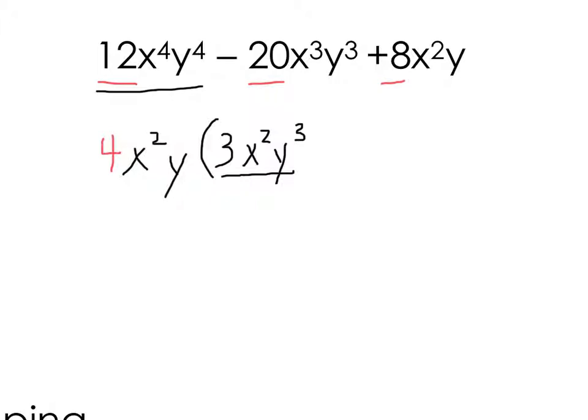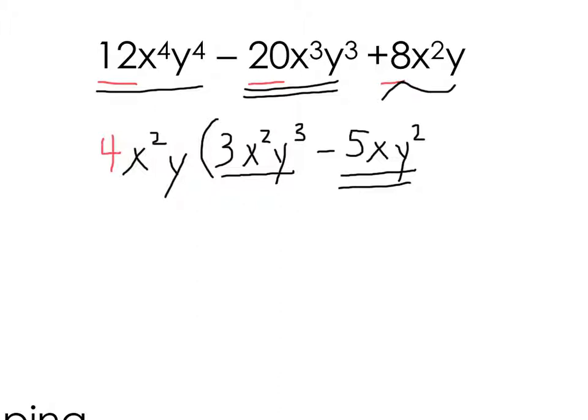Now when we multiply, we'll get 12x to the 4th, y to the 4th. Minus, what are we going to put here so that when we multiply by our 4x squared y, we get 20x cubed y cubed? So we need a 5, we need an x, and we need a y squared.